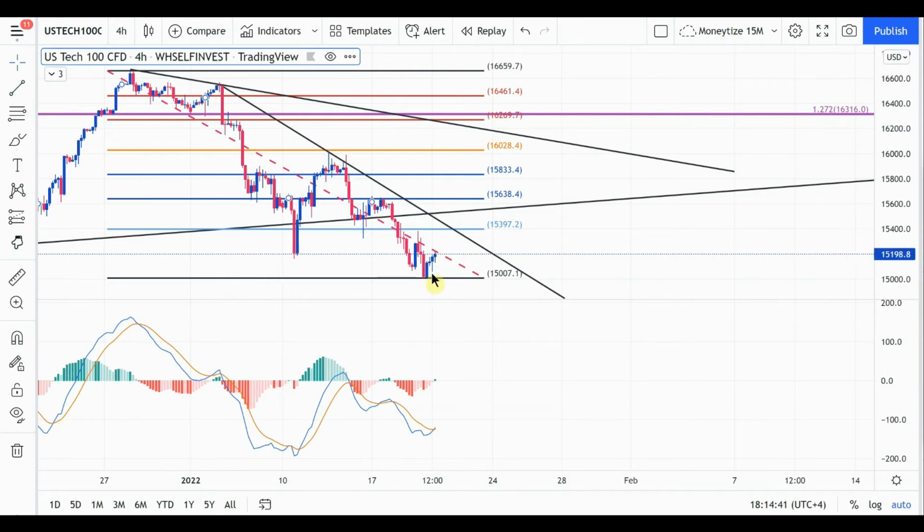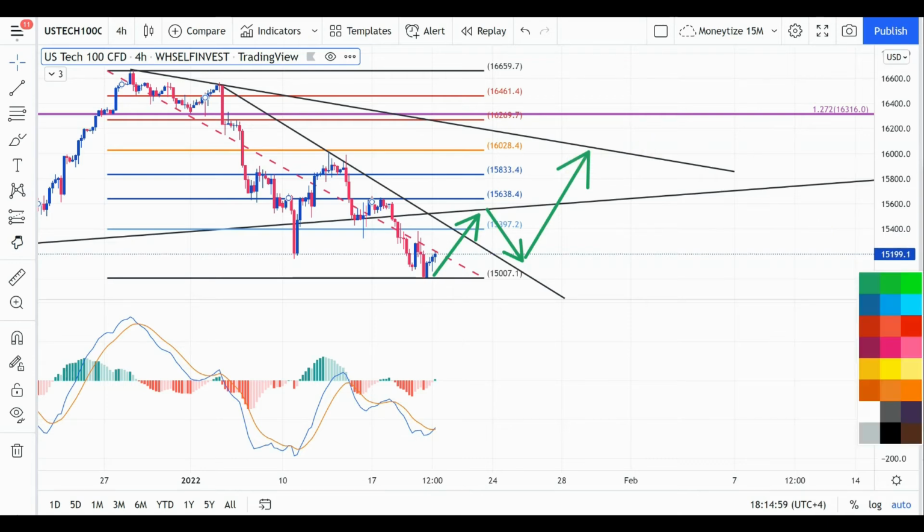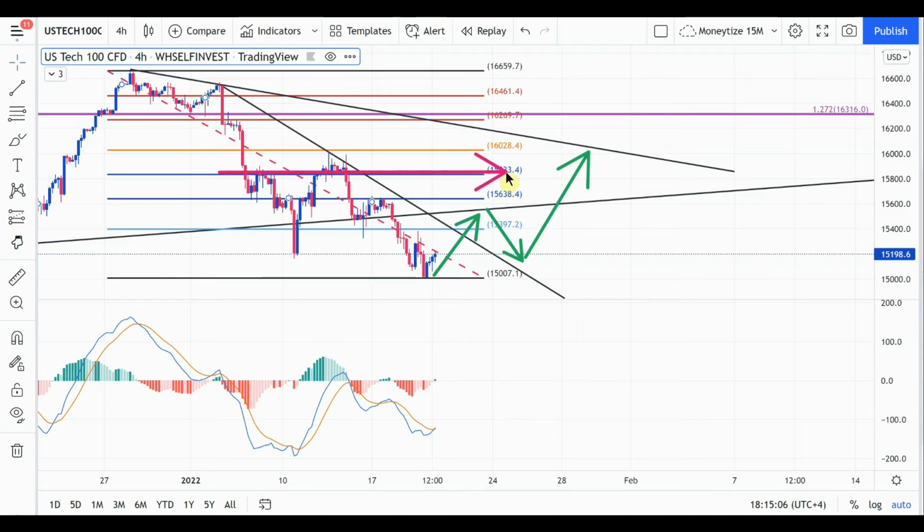So we may get a break of this first falling trend line, a retest, and then a retest of the next falling trend line, and this retest would coincide with this area, and then a continuation lower.